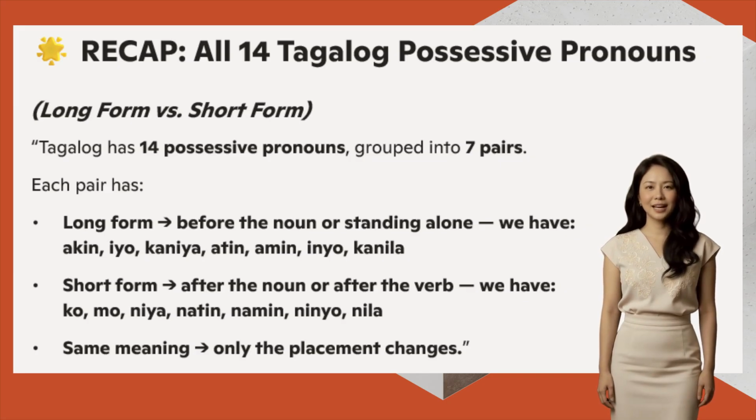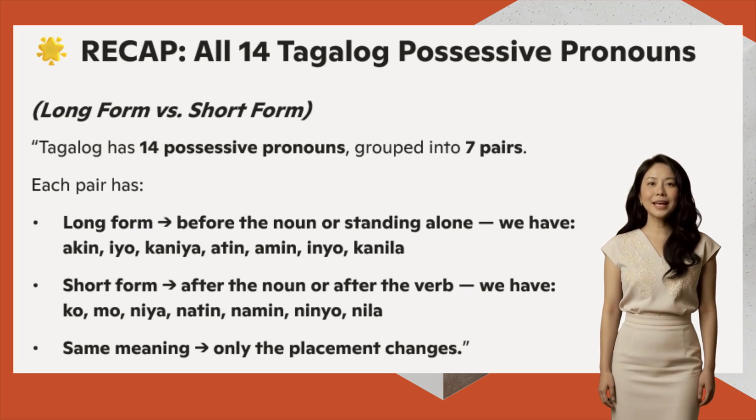And next we have the short forms. These go after the noun or after the verb. Our short forms are ko, mo, niya, natin, namin, ninyo, and nila. Again, each long form and its matching short form mean the same thing.